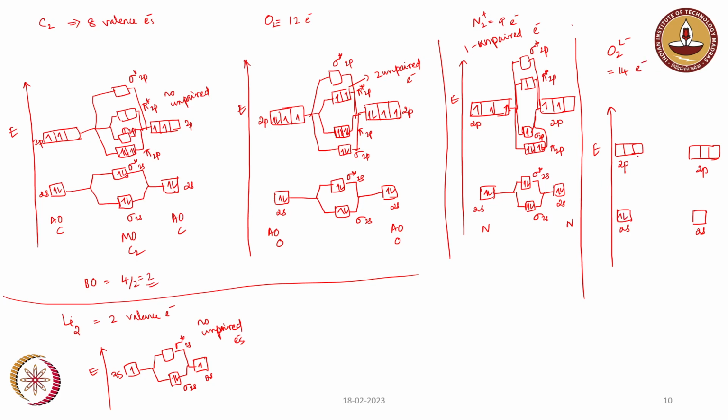So there will be 7 valence electrons in 2s and 2p.